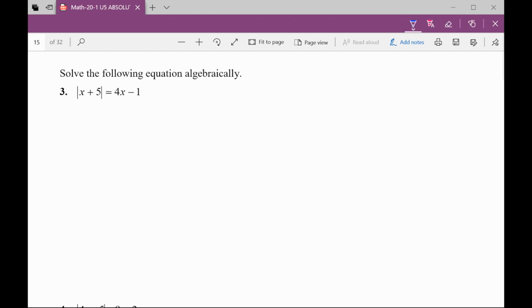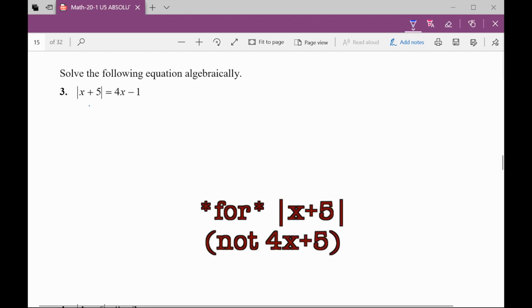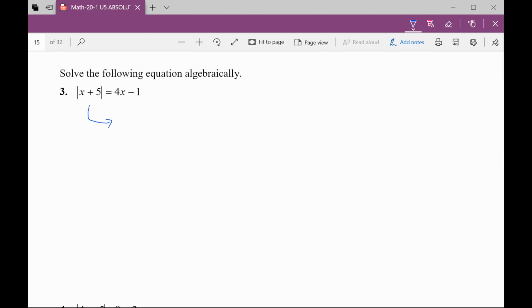For x plus 5, there is a situation in which the whole thing could be positive, and taking the absolute value of it has no effect. In other words, x plus 5 is just x plus 5 as long as x is greater than or equal to 5. For all values of x 5 or greater, you're going to naturally get a positive value for the term inside the absolute value symbol.